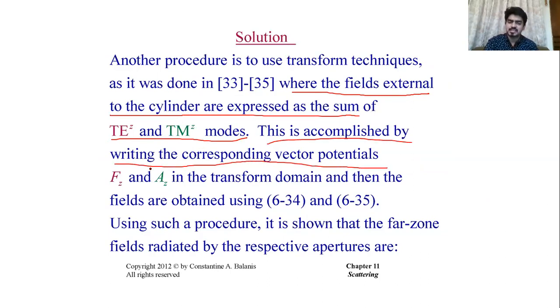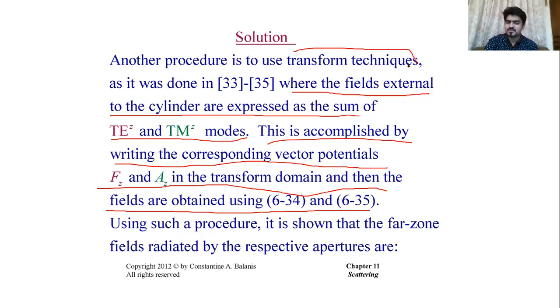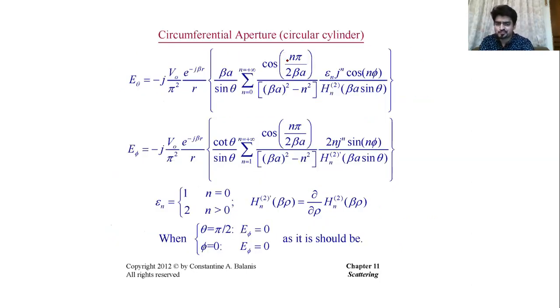For TE to Z and TM to Z polarization, we first define the vector potentials FZ and AZ, and from those derive the expressions of the E and H fields. You can go back to chapter 6 and follow that procedure, and you will be able to find the far field using the transform techniques.